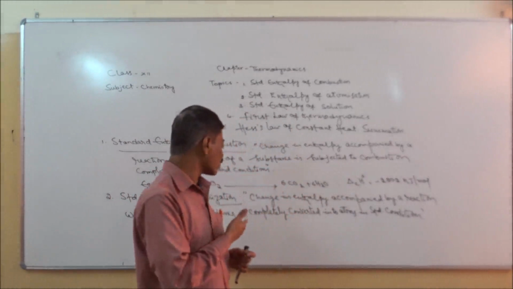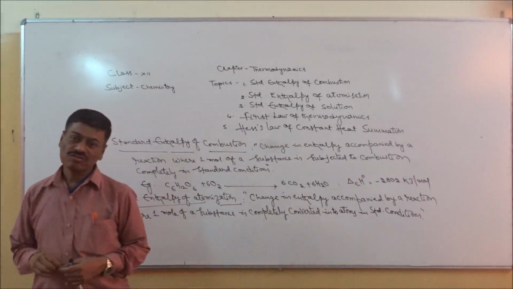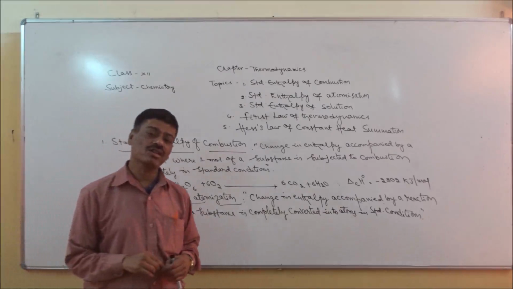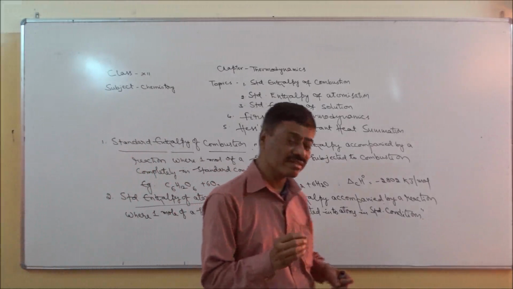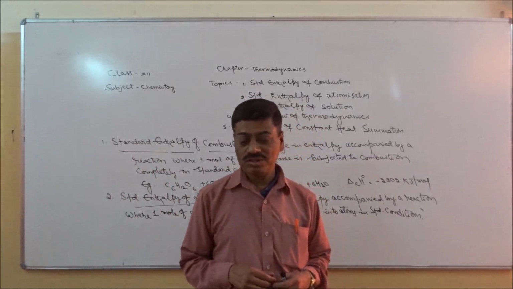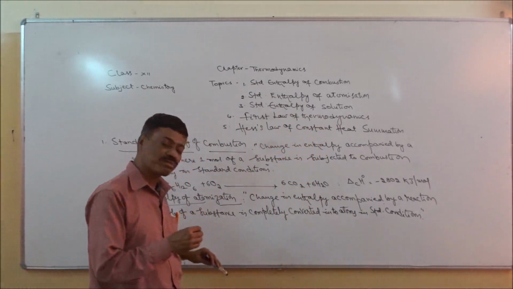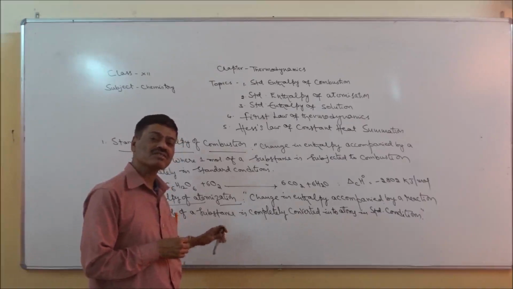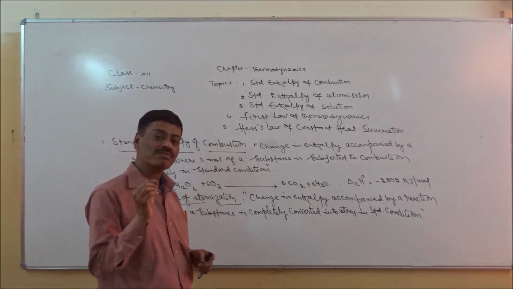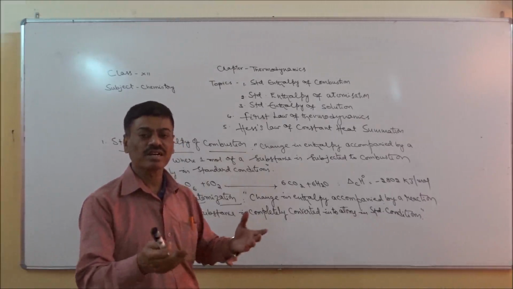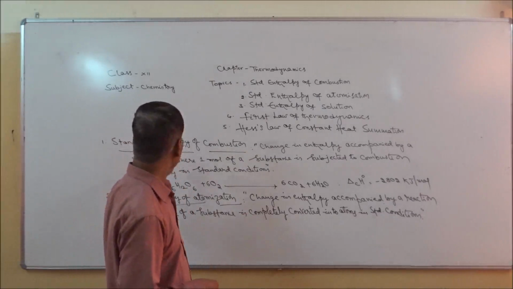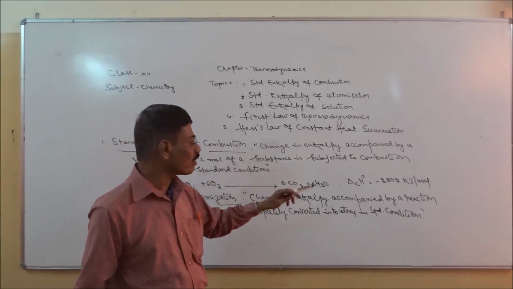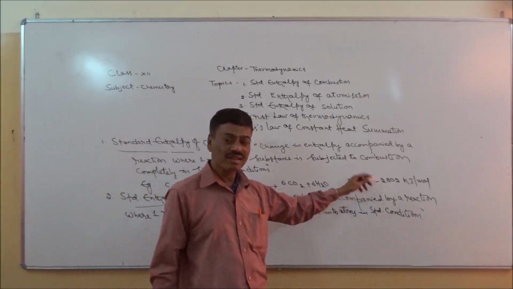And when this process takes place, 485 kilojoules amount of energy is absorbed. So the energy in this process is accompanied by plus sign, means it is endothermic. Unlike enthalpy of combustion, wherein minus sign is there, means energy is released there.